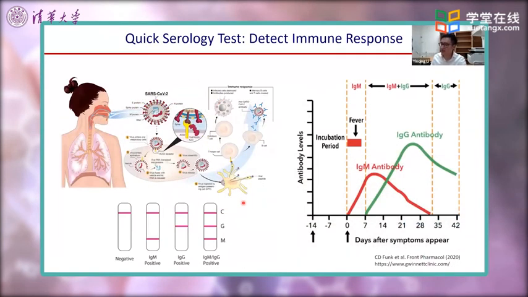But there is a caveat of using this method. As we mentioned, the antibody generation is a result of a very complicated immune response, and so it takes time. From the time of infection to the time when the person starts to show some symptoms, it can take several days or even a week.